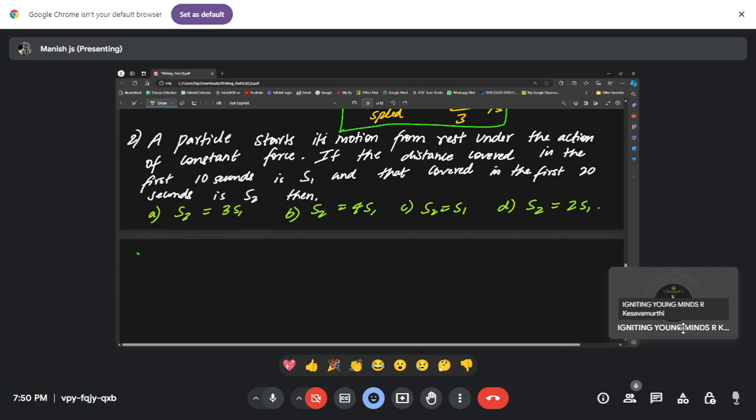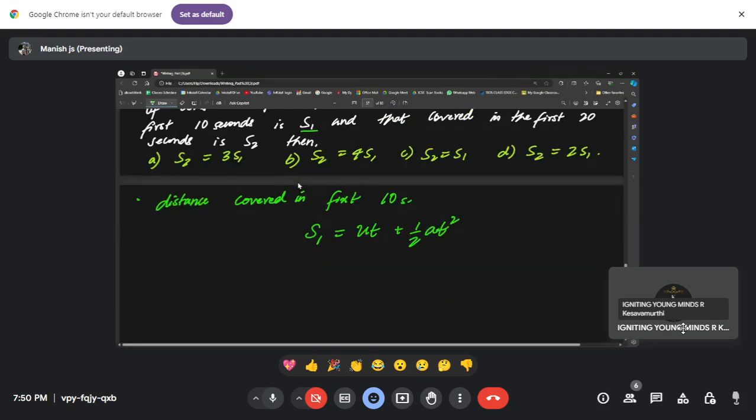Okay, so distance covered in first 10 seconds. How much is the distance covered in the first 10 seconds? As per the question, you can see it is S1, right? So we can write S1 is equal to UT plus half AT squared is the formula. So S is equal to UT plus half AT squared. Make use of this relation, children. What do you get?